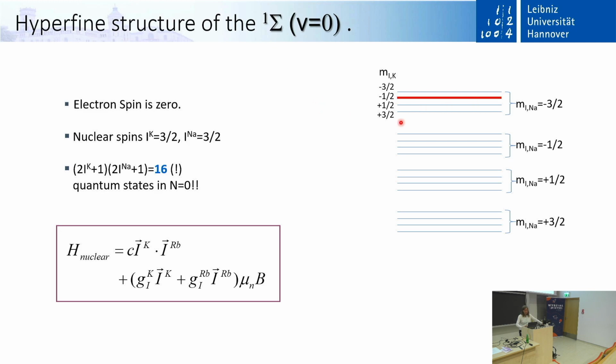And well, what you then end up with is a manifold of hyperfine states, which is actually just the different projections of the nuclear spin onto an applied external magnetic field. This is the potassium nuclear spin, and this is the sodium nuclear spin with a larger splitting. And in all these experiments, we work with molecules in the second highest state of the molecular manifold.